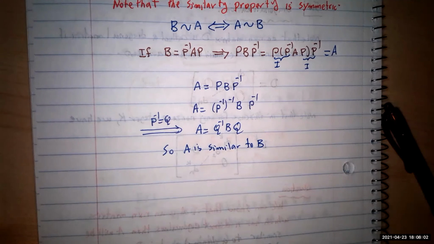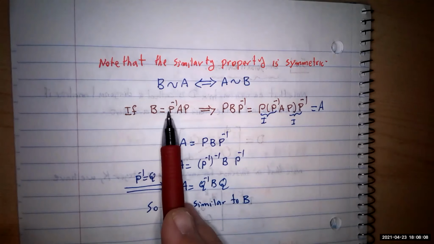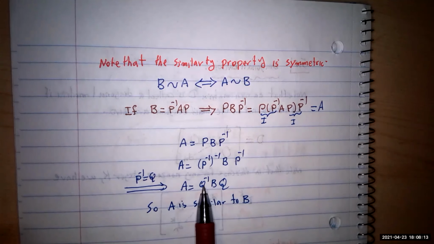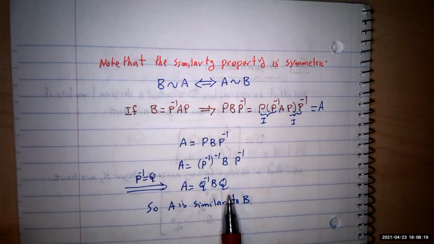You write the one that you are interested in. I start with B equal to P inverse AP, I change it to A equal to Q inverse BQ. So this means B is similar to A, and this means A is similar to B.